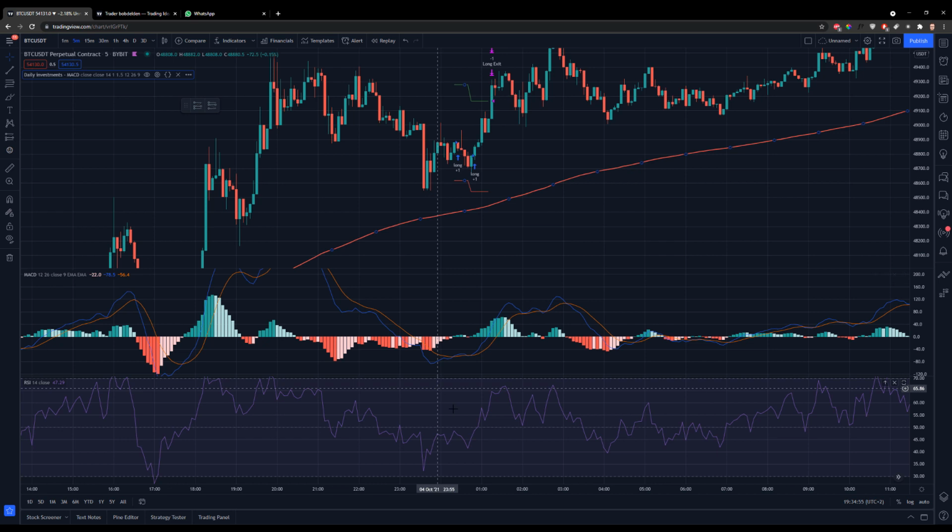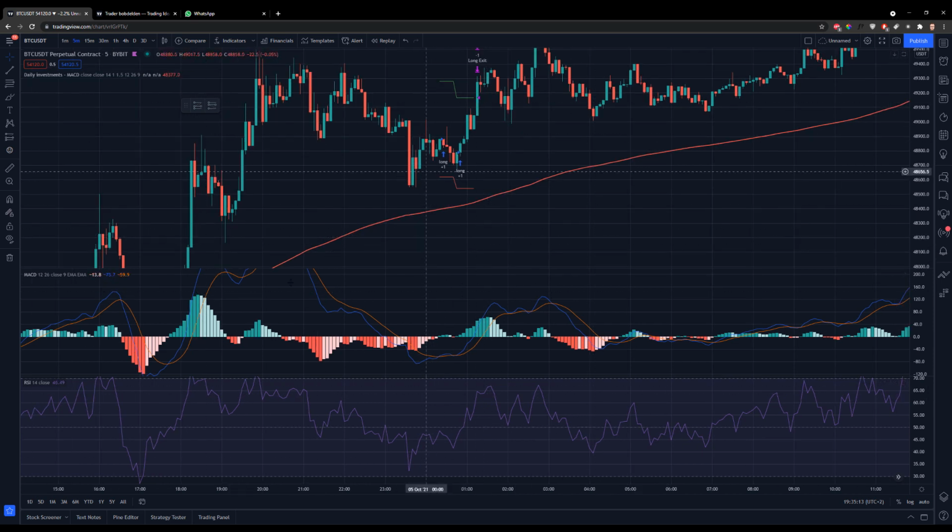And the RSI should not be higher than the 50 point, so the center. So I want it to be more on the oversold side, because if it's fully oversold, it's never going to happen.